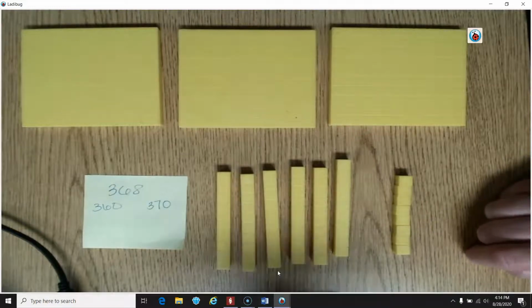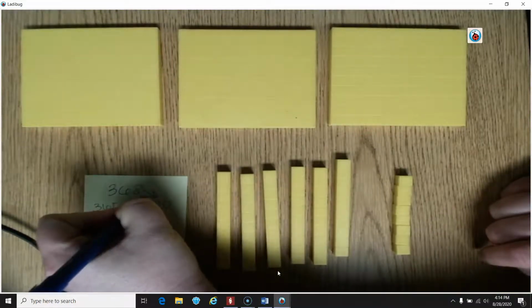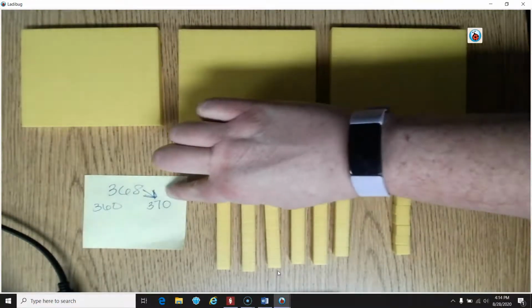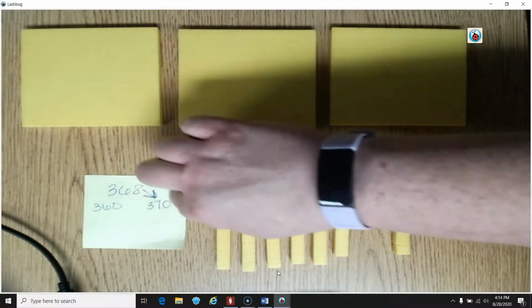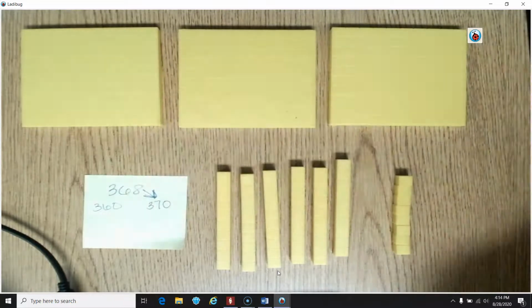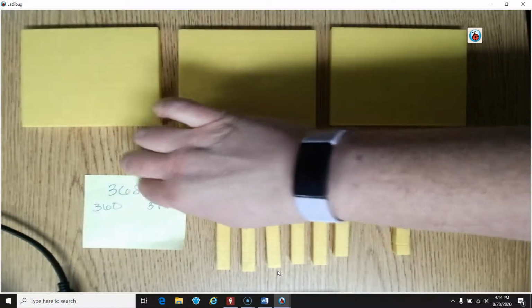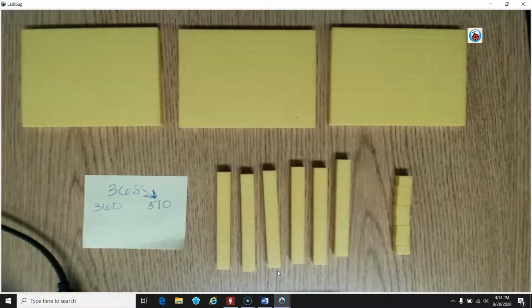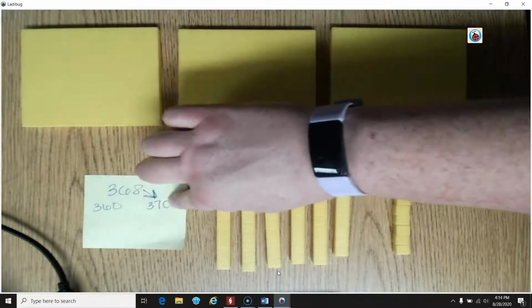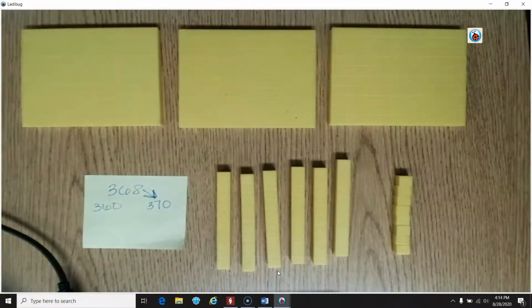So I think that this number is closer to 370. It would only take 2 jumps to get from 368 to 370, whereas it would take 8 jumps to get back to 360. So 368 rounded to the nearest 10 is 370. This is closer to this 10 than to this 10.